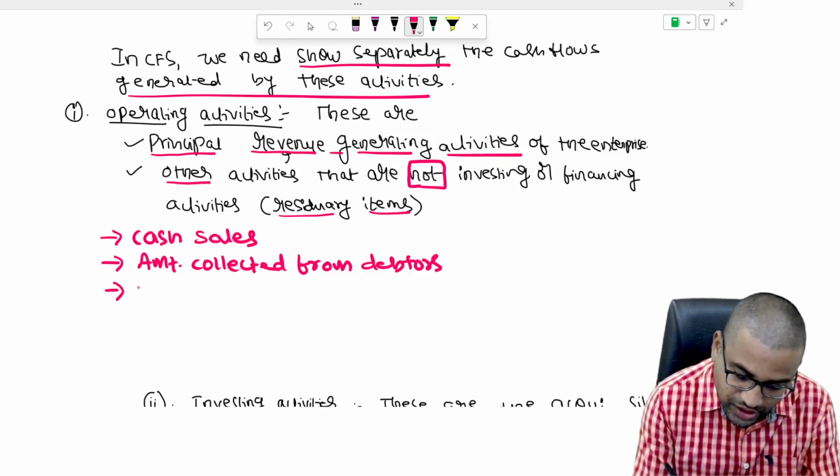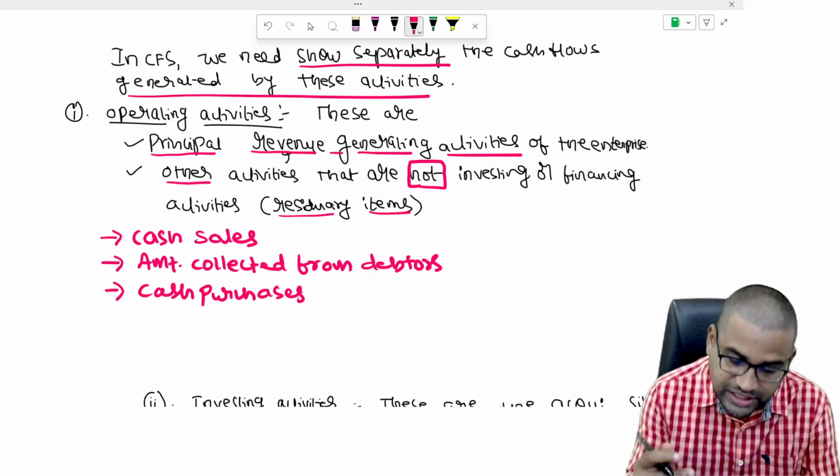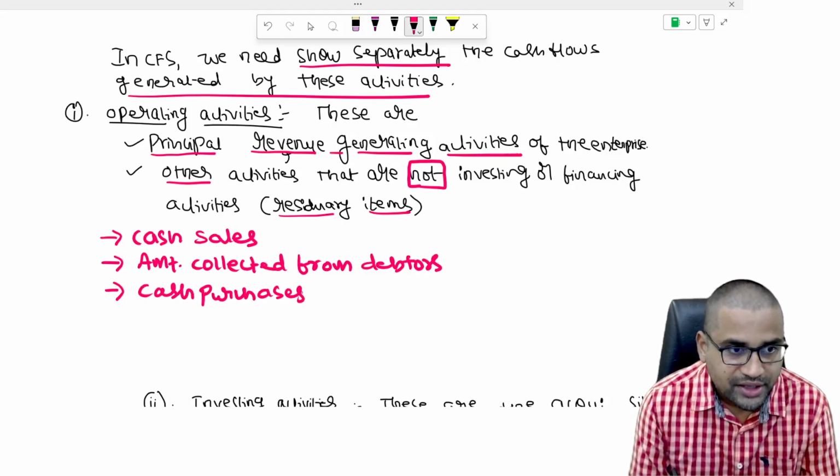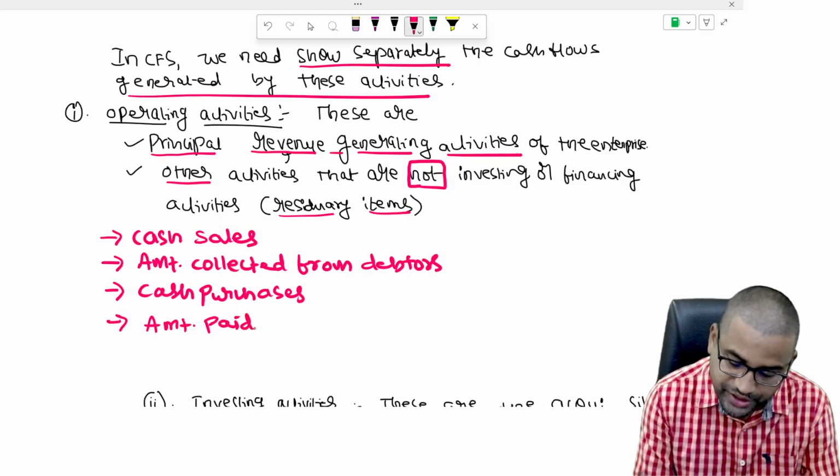Similarly, any cash purchases, any purchase of materials you do in cash, that also comes under operating activity. Next, amount paid to creditors.